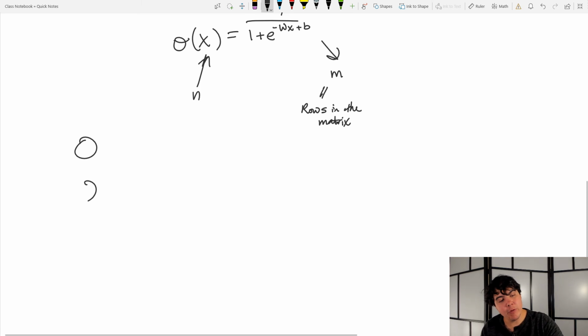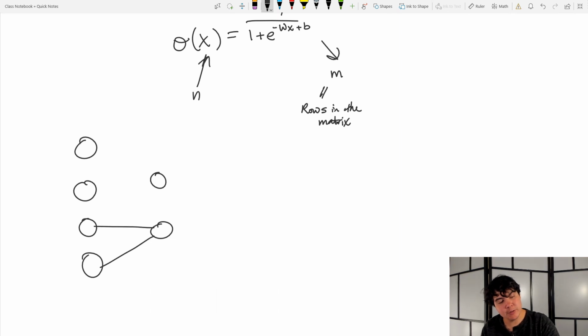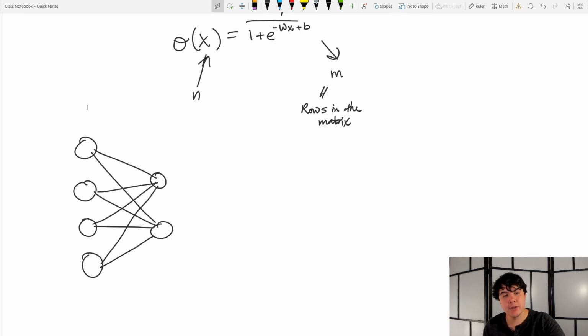So if we had 4 inputs, we can make the next layer have 2 outputs. And the way that we do this is we say that we have one of these functions where this w has 2 rows. So 4 things come in, 2 numbers come out, and that would correspond to this function having a matrix with 2 rows.